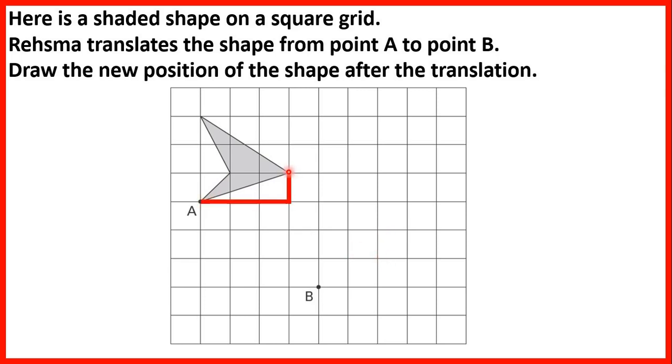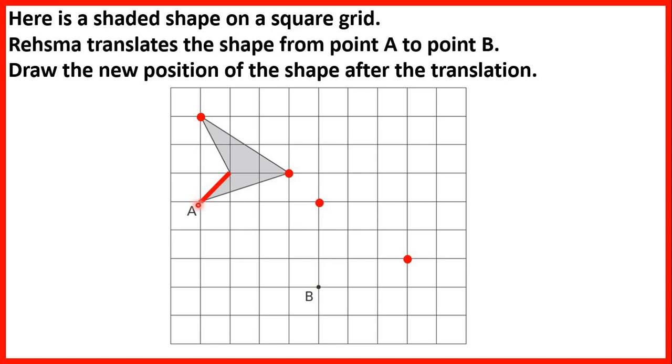So to get to this corner from point A, we go 3 squares right and 1 up. So if we go 3 squares right and 1 up from point B, we know that this point here will be this corner translated. Then to get to this point, we go 3 squares up, so we can go 3 squares up from point B as well.